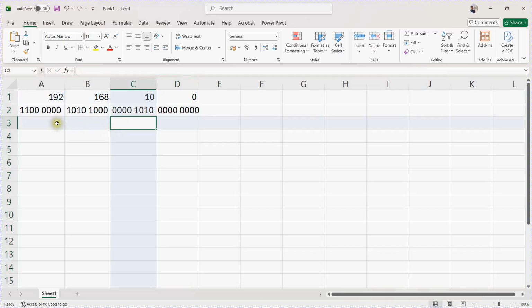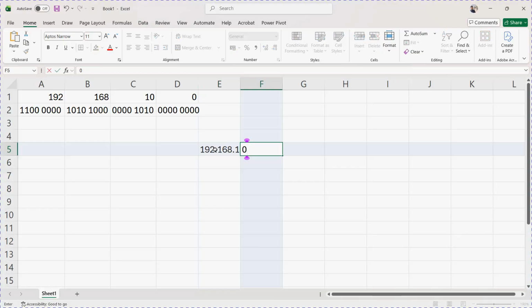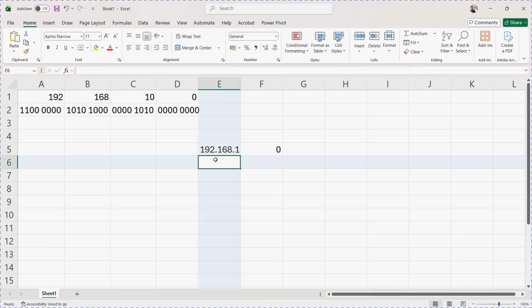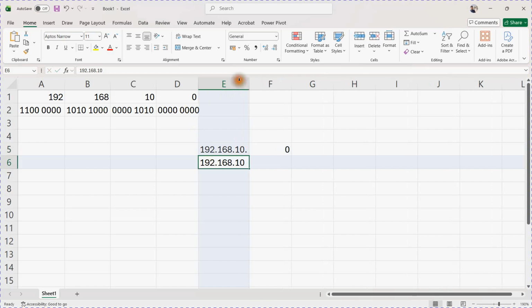Right now you are going to understand it this way. 192.168.10 only we classify, the remaining are the same.